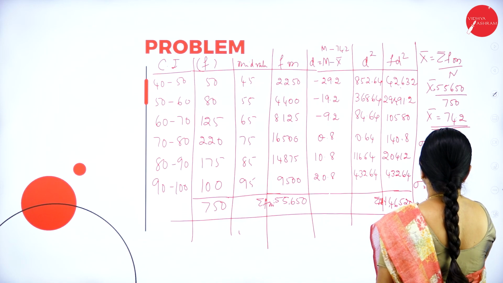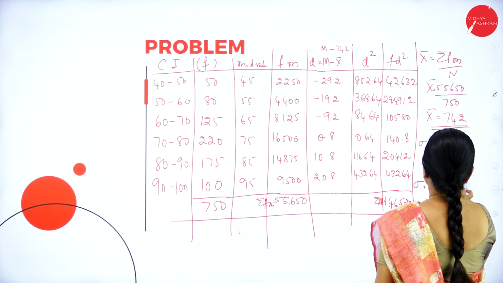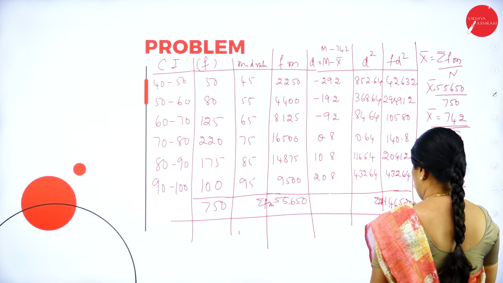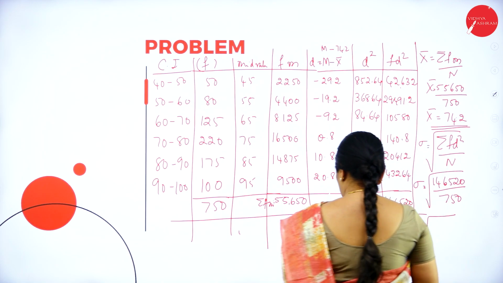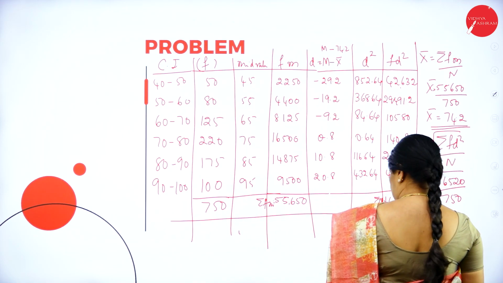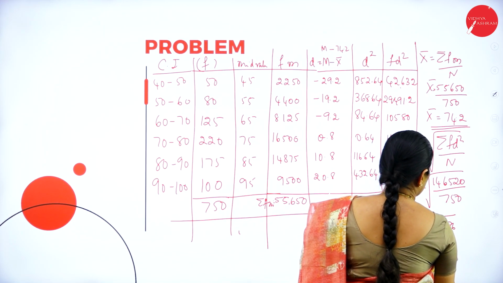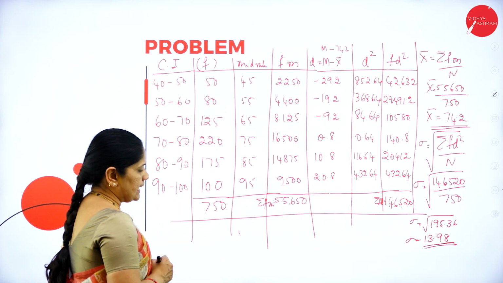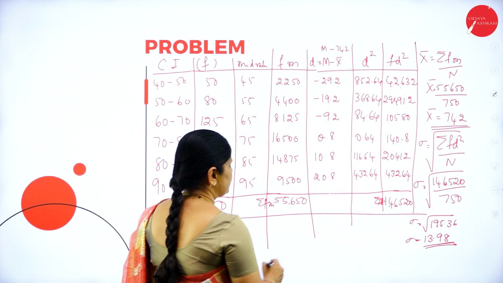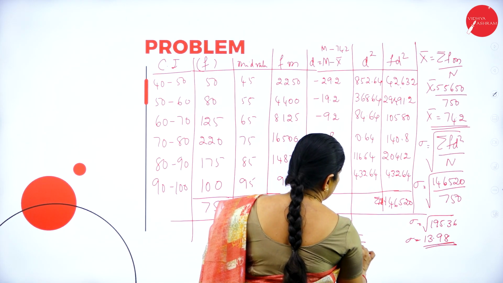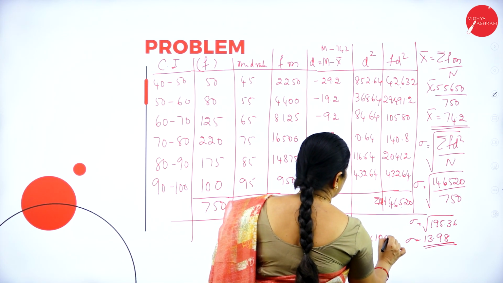So standard deviation will be 1,46,520 divided by 750. Standard deviation will be equal to root of 195.36. So that will be equal to 13.98. Now, if you have to find the CV, this will be equal to standard deviation by mean into 100.